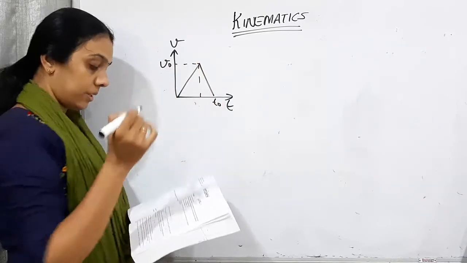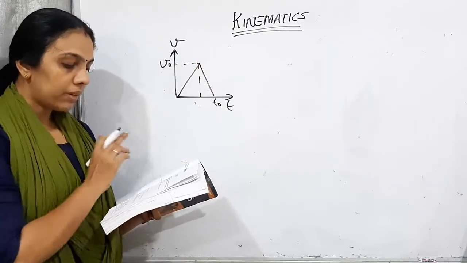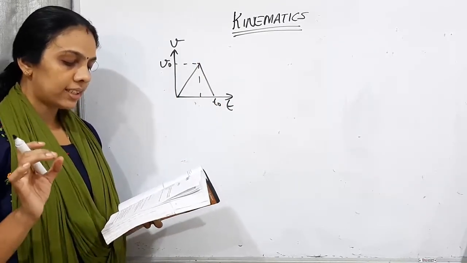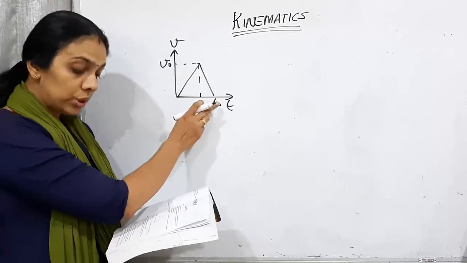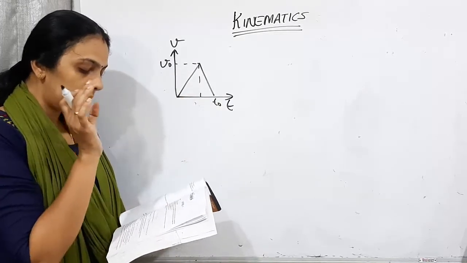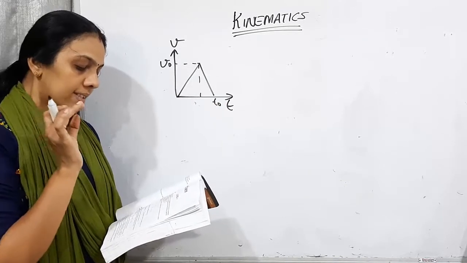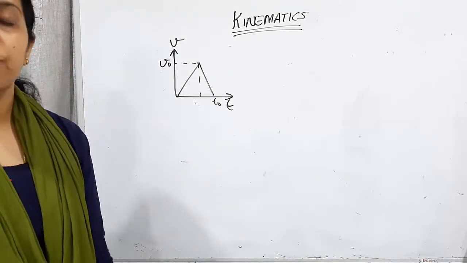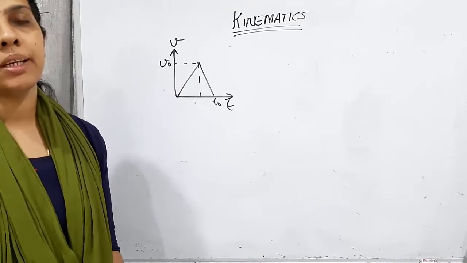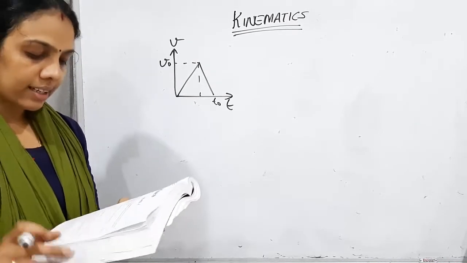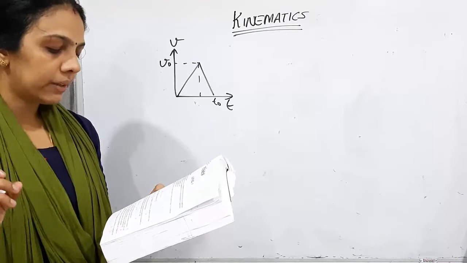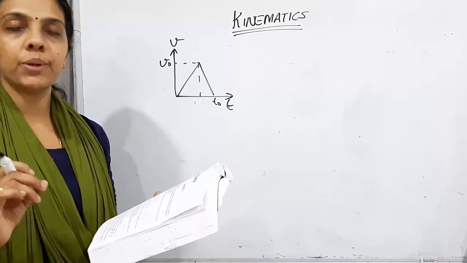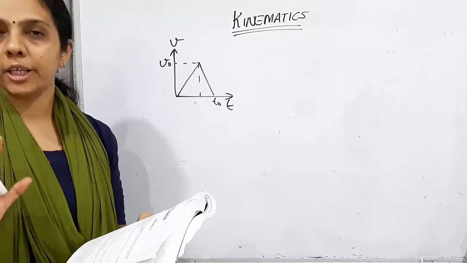Okay, in the given figure, average velocity in time interval 0 to t0 depends only on v0. It is independent of t0. And the reason is given like: in the given time interval, average velocity is v0 by 2.